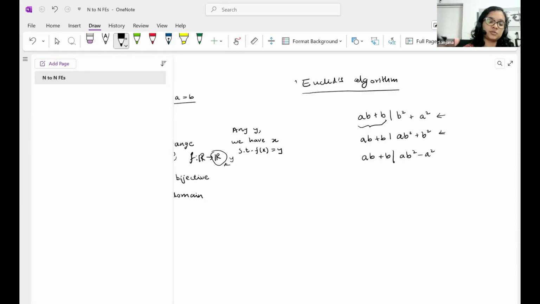And this is a very useful thing, not just in number theoretic functional equations, but also generally for number theory problems with divisibilities in them. So sometimes I can keep on subtracting things in some way, and finally I get something very small on the right side. So then there can be two cases.